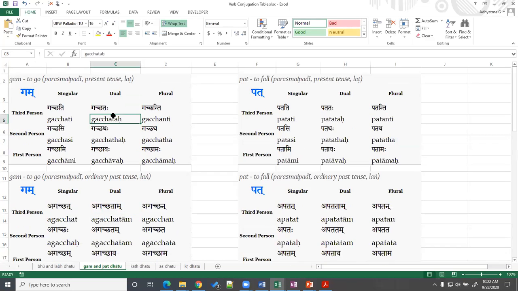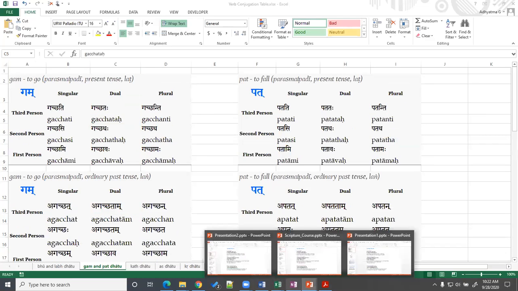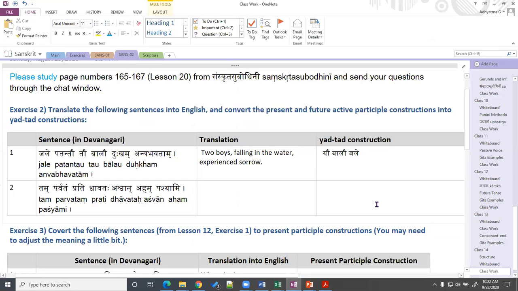So gacchatah patatah, yau balau jale patatah. Tau dukkham anubhavatam. That's how you will make it.